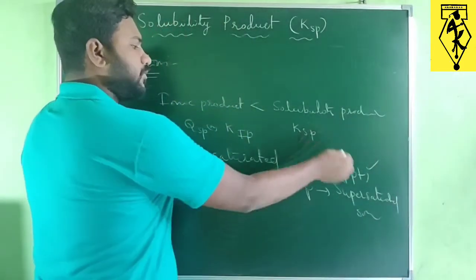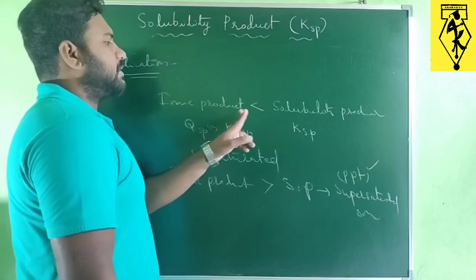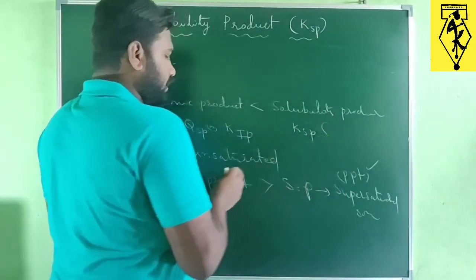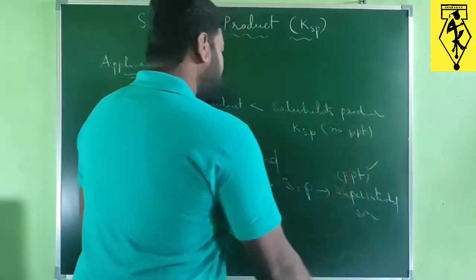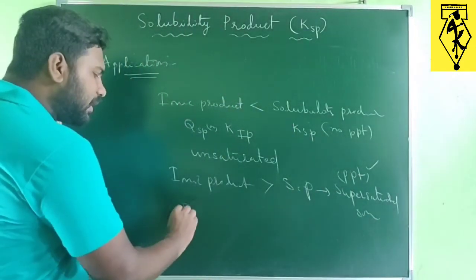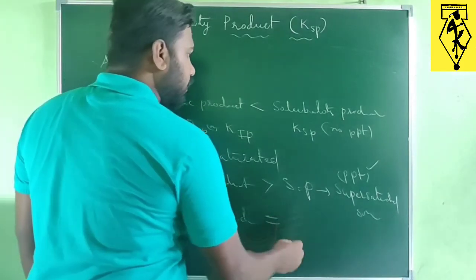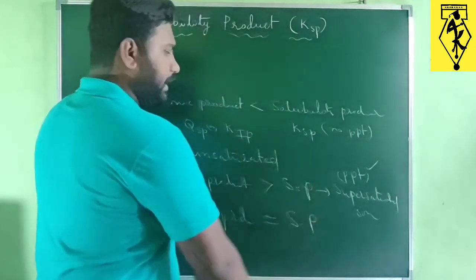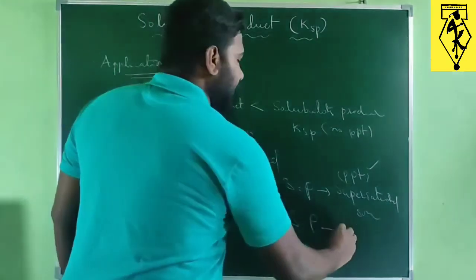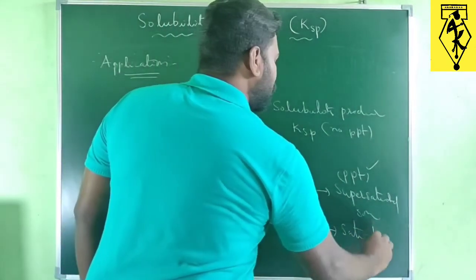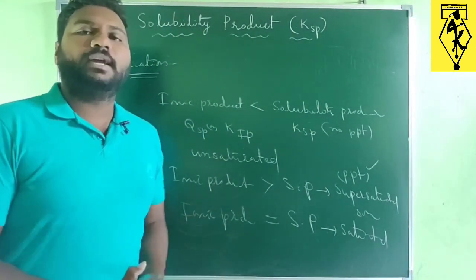Whereas when the ionic product is less than the solubility product, the nature of the solution is unsaturated, no precipitation. When both are exactly equal, ionic product equal to solubility product, then the nature of the solution is saturated. This is the application of the solubility product.